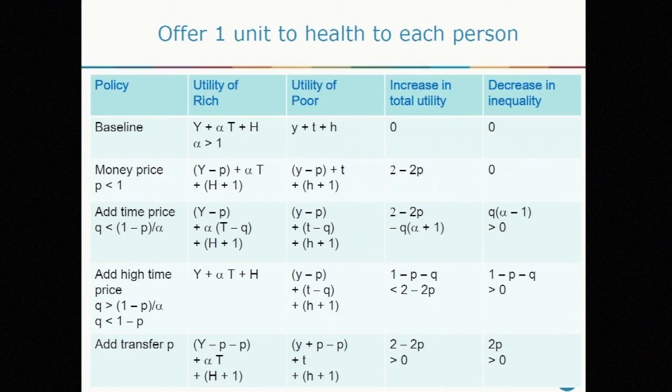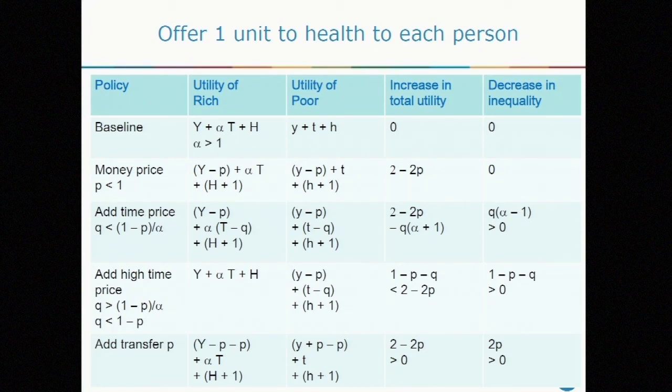So the increase in total utility now is 1 minus P minus Q, which is smaller than the increase we got with just the money price alone with no time cost. And there is a decrease in inequality because the poor person gains. He wouldn't buy this health increment if it wasn't worth more to him than the money price plus the time cost. The rich person has no change, so the difference between them is decreased.